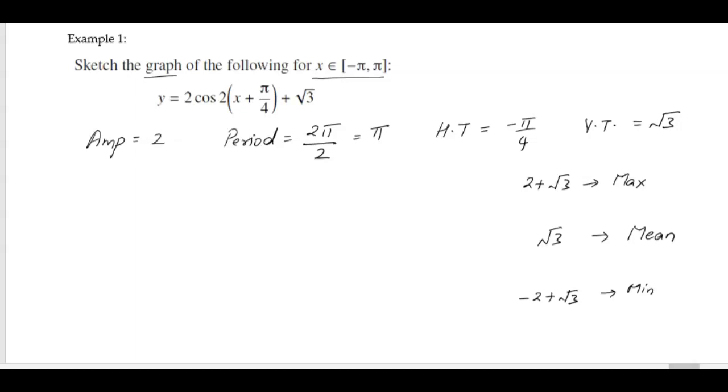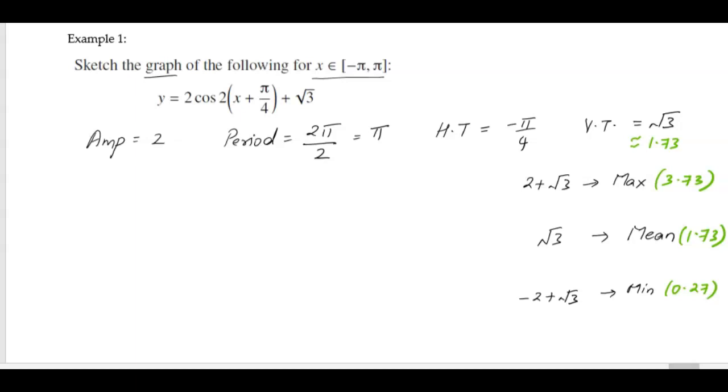So if I was to estimate the value of the maximum and minimum in this case, square root 3 is roughly 1.73, which means the maximum is roughly going to be 3.73. We've talked about square root 3 being 1.73, and 1.73 minus 2 roughly is going to be minus 0.27, right? Now this is going to make it a little bit easier for us to make the placement on the y-axis when we go into the sketching mode.